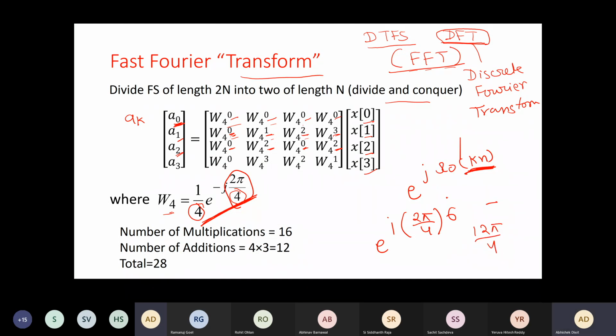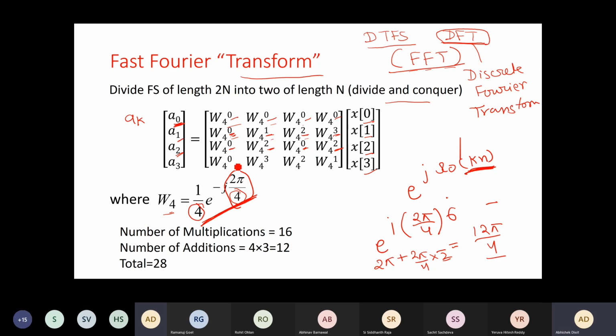If I write this as 2 pi plus 2 pi by 4 times 2, isn't this so? So we are writing everything modulo 2 pi. Modulo 2 pi here means modulo 4. So this thing is same as this thing. That's why I have 2.